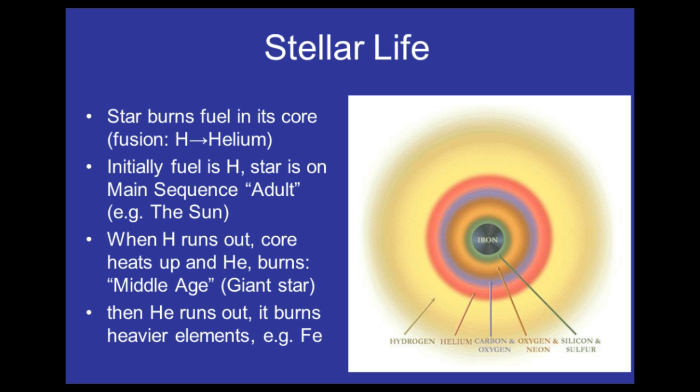Write that down. Our sun is on the main sequence. It's a main sequence or adult star right now. It's 4.6 billion years old and has lived about half its life. Also write that down.